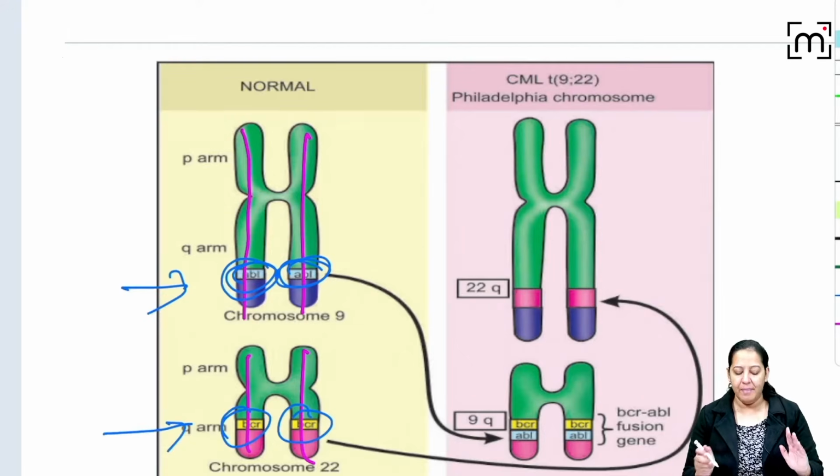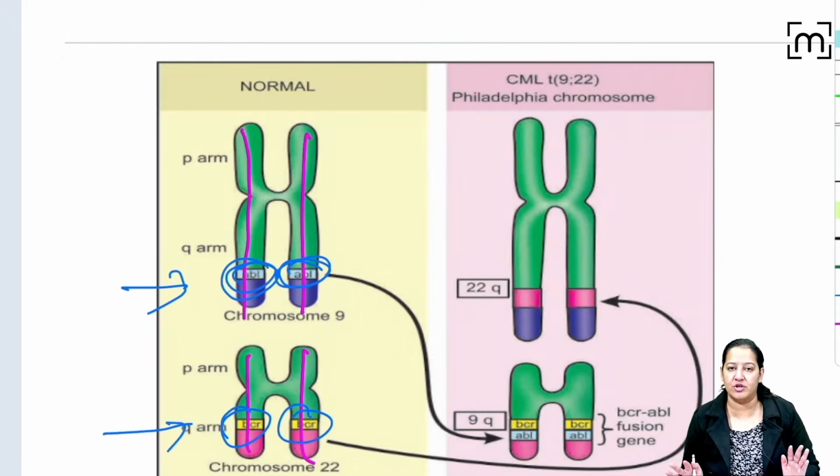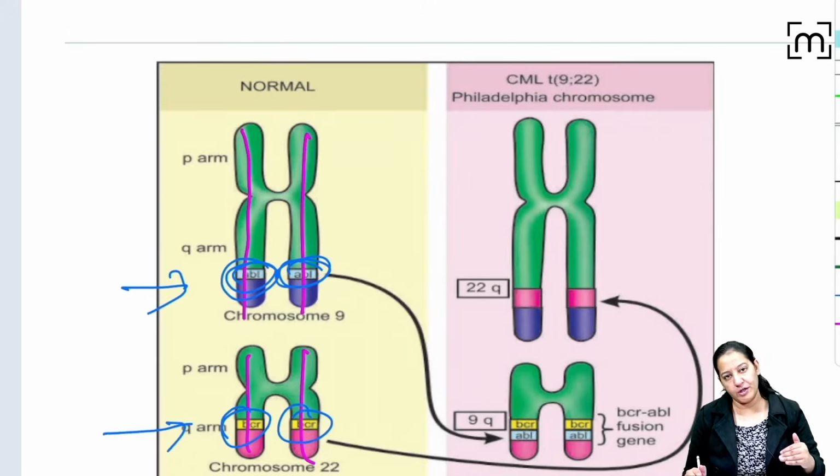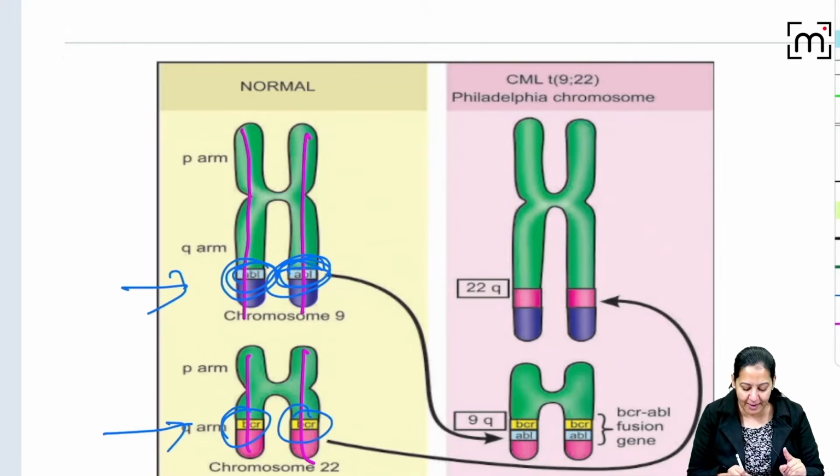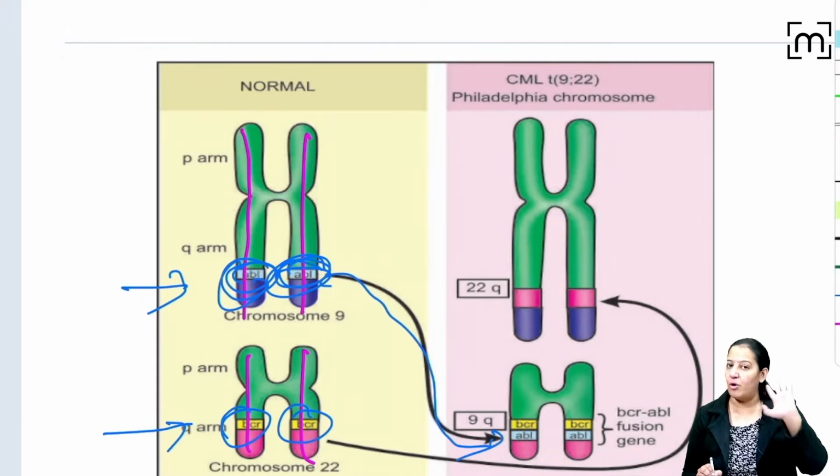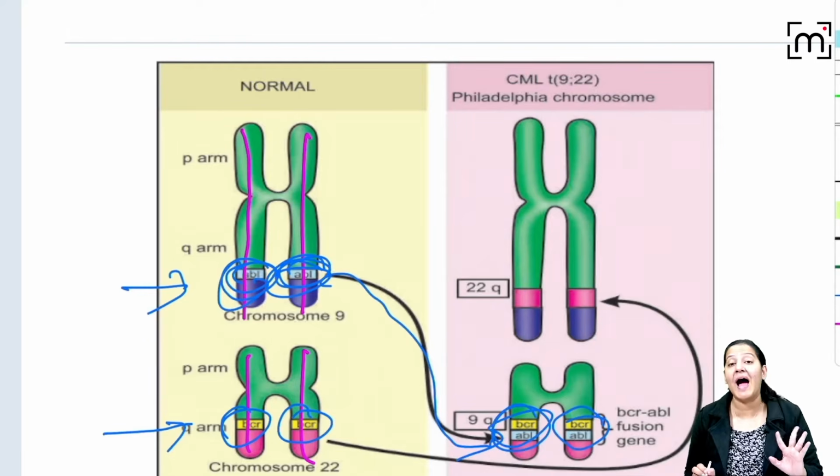But during translocation, so here the mutation is the translocation, a portion of 9 is given to 22. In exchange, a portion of 22 is given to 9. In this exchange, when 9 is giving one portion to 22, it's the ABL gene which will be transferred to 22. On 22, BCR was already present, and now ABL is also coming due to the translocation. Because of this, a new fusion or hybrid gene is formed.